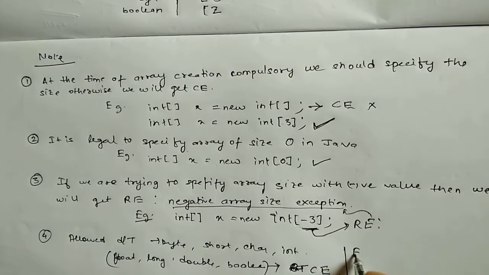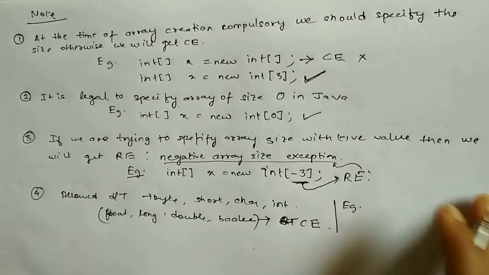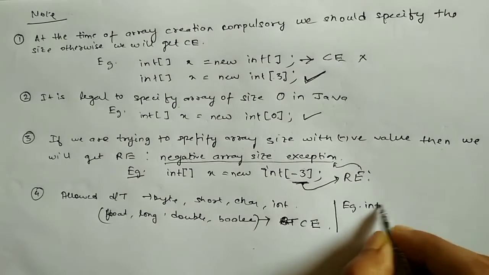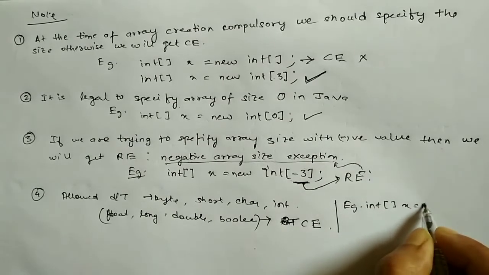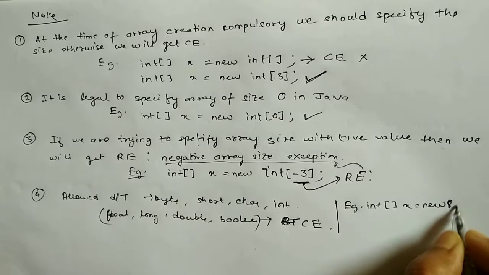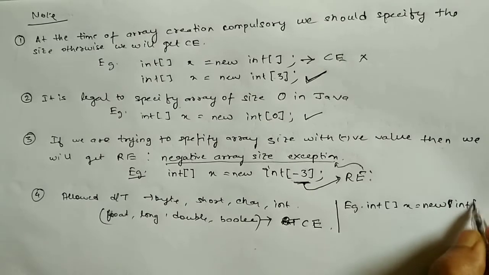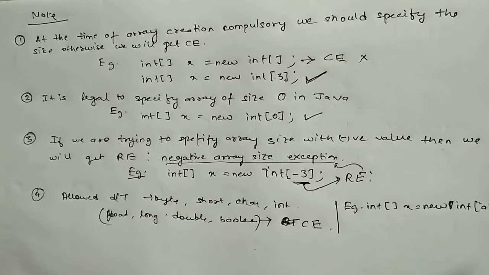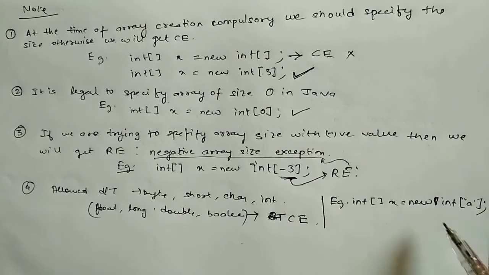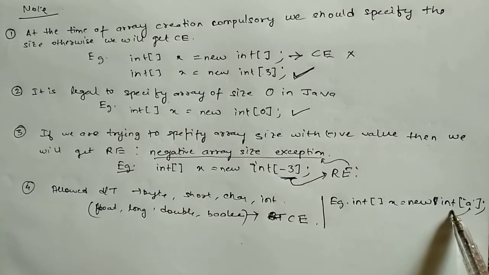What does this mean? Let's take an example. We can declare int x = new int[a]. This is well and good. We can also declare a character inside an array, and it will automatically fetch the size, that is 97.